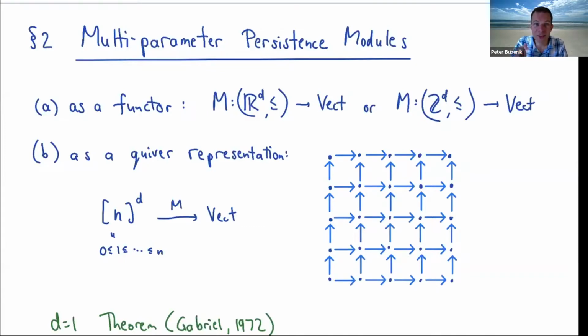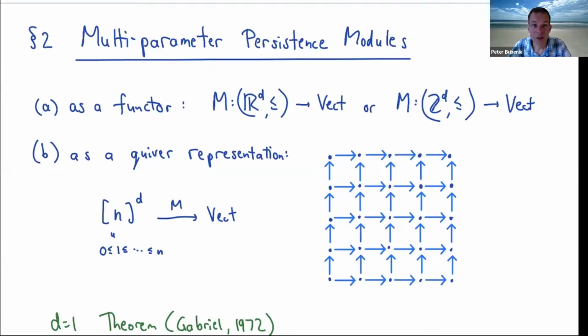Now, that's good for applications, and it's also good for people from a particular part of mathematics, which is people who study quivers, because a finite lattice is a special case of a quiver, or a quiver with relations in particular, because we want the squares to commute.